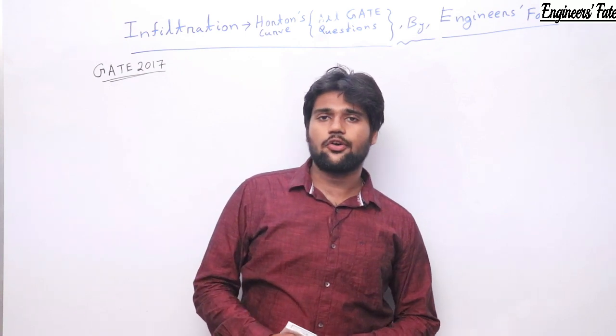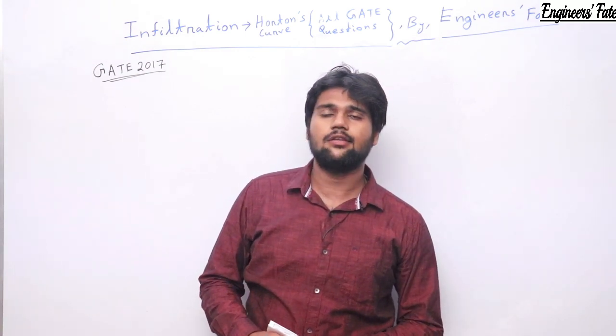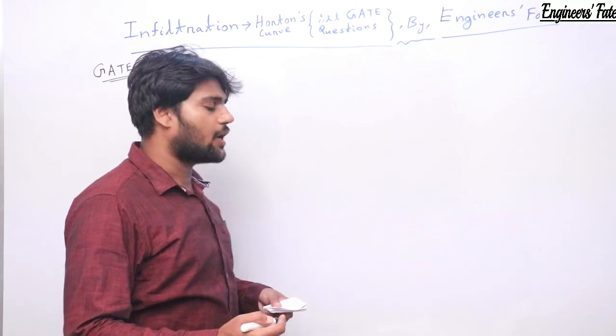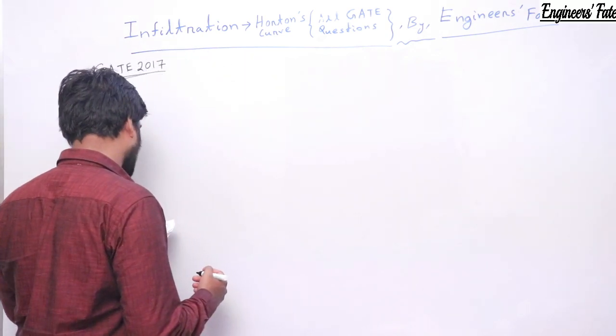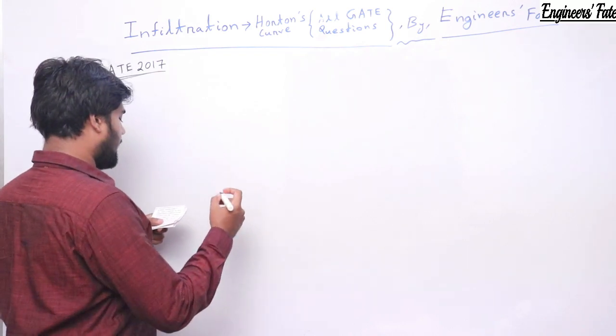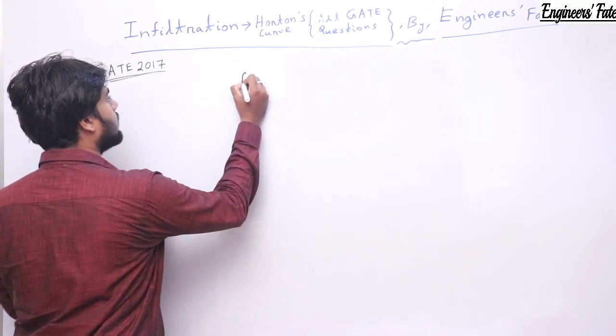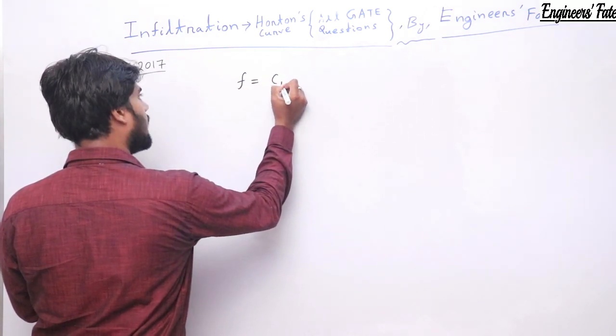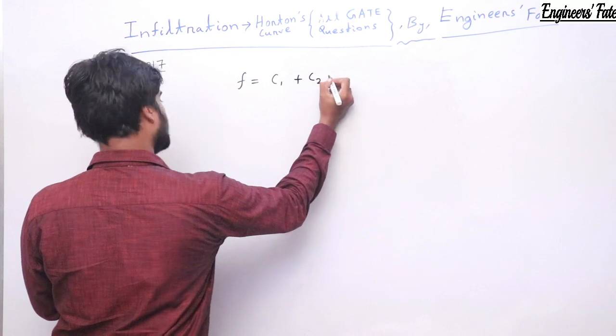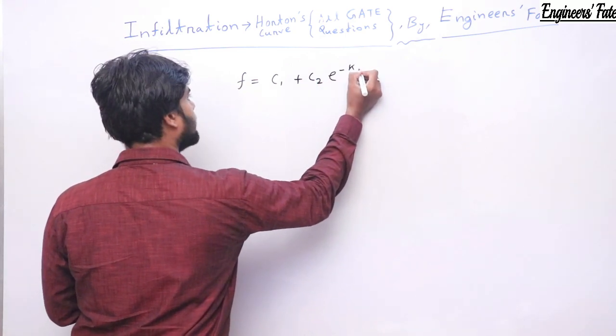So let us solve the question asked in GATE 17. This is the 1 mark question, and the question said that the infiltration capacity of a soil follows Horton's exponential model. Means in the question he has given the equation as C1 plus C2 into e to the power minus kt.